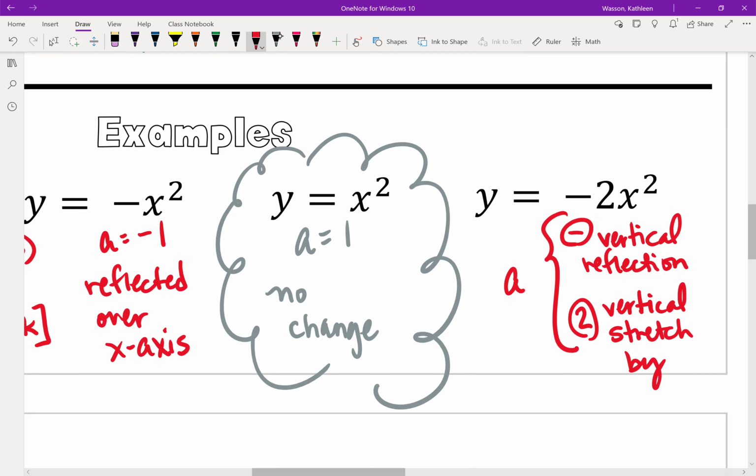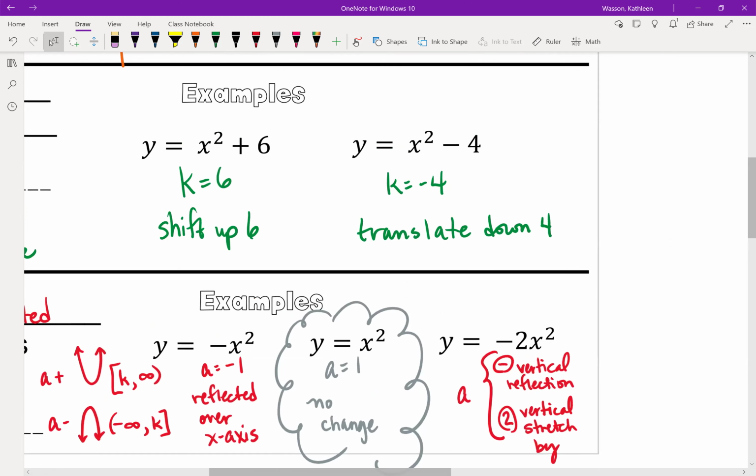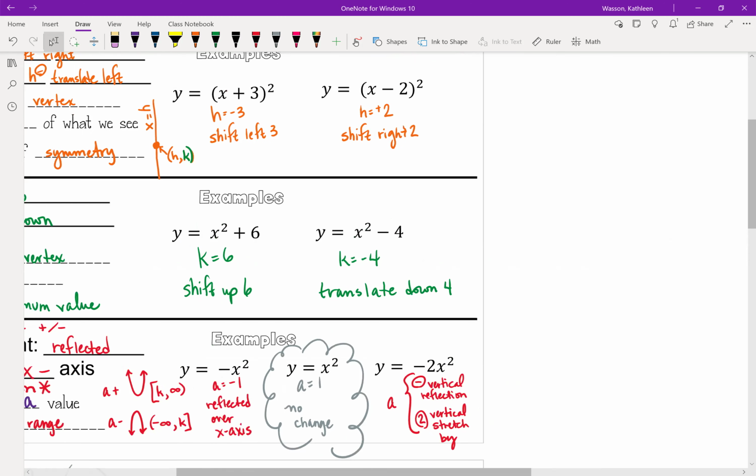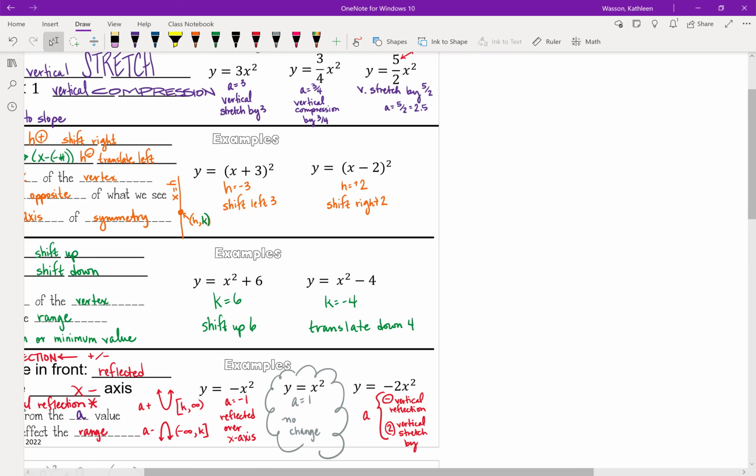When I give you an equation and I ask you for the transformations, what I'm looking for is these vocabulary words that describe what the equation does to the graph to change it from the original at y equals x squared. So I could say an equation has, how about this?